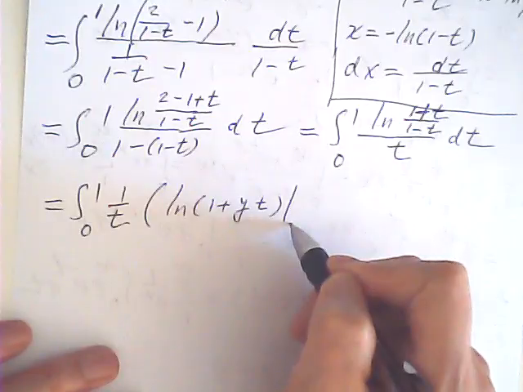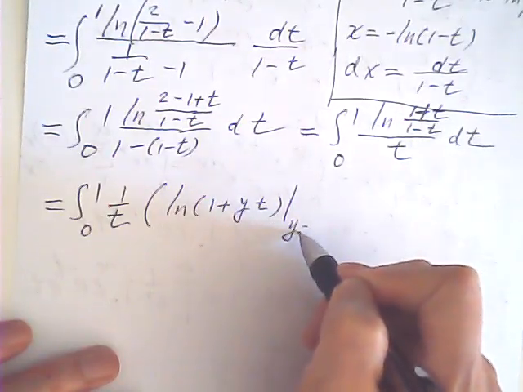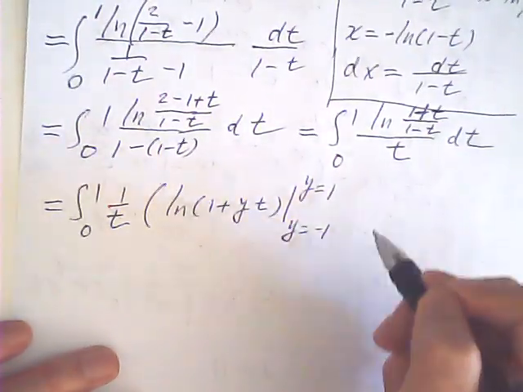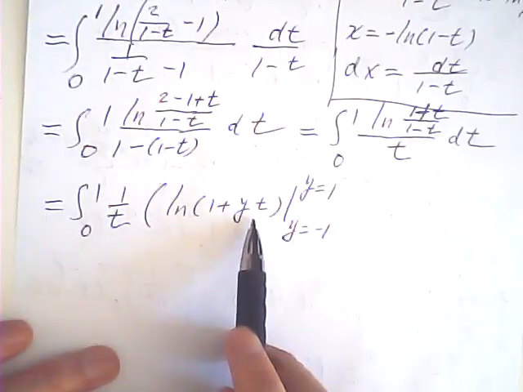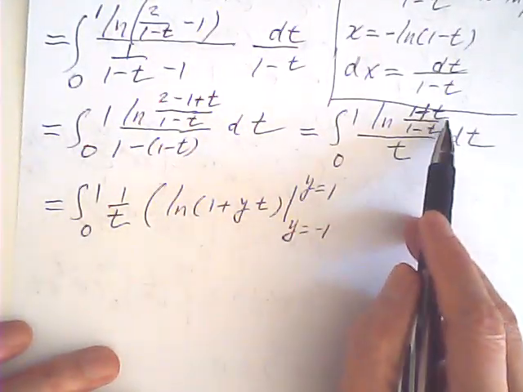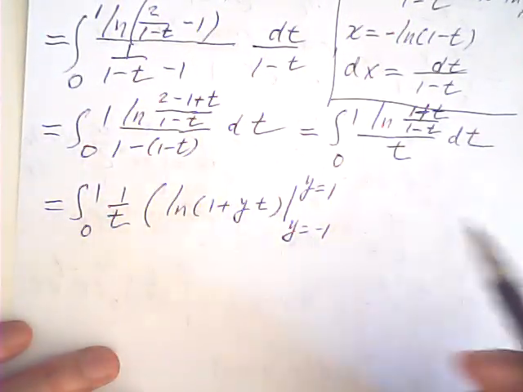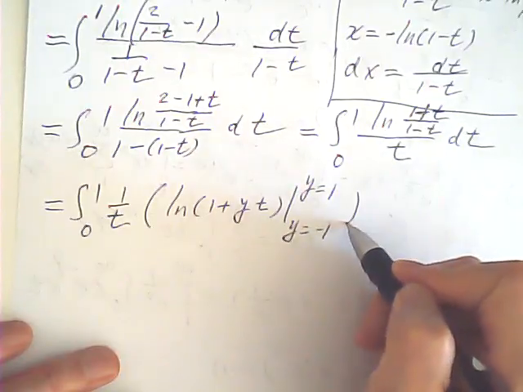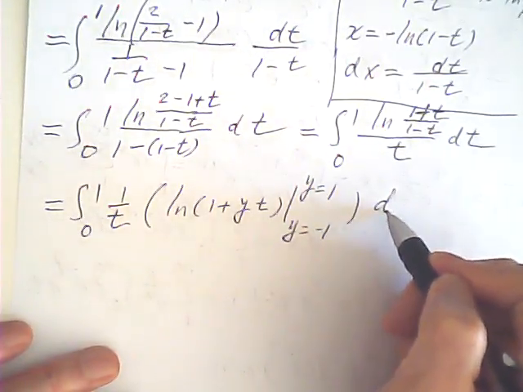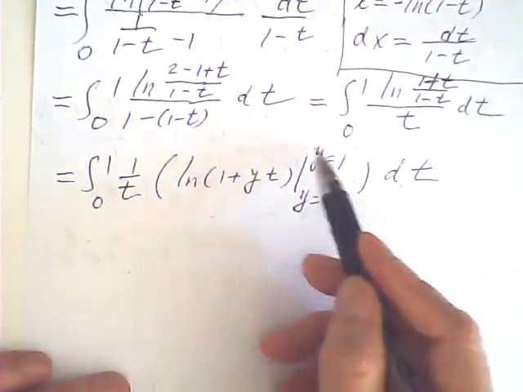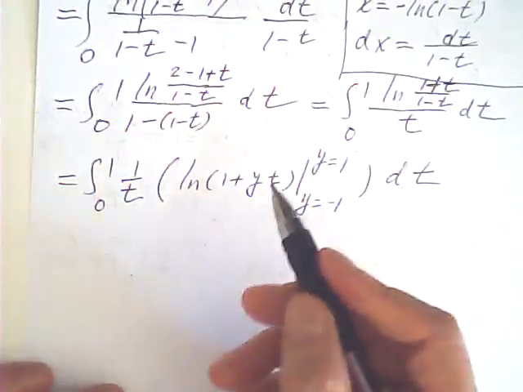y is from -1 to y equal to 1, right? When y equals 1 it is log 1 plus t. y equal to -1 is minus this. Yeah, that's okay. So this is actually a definite integral.